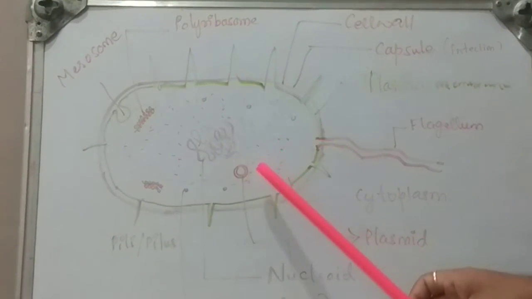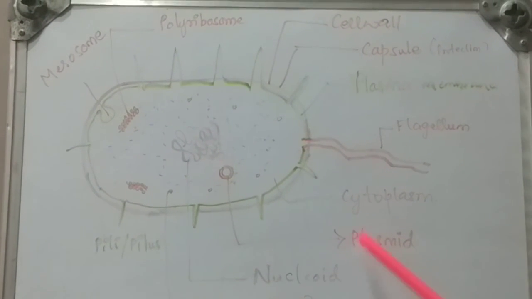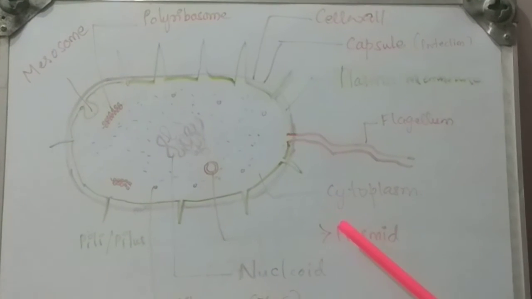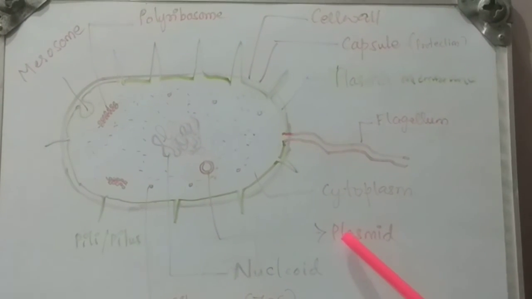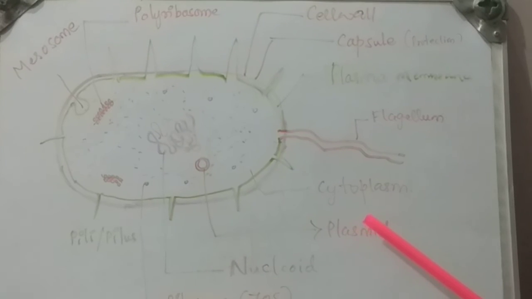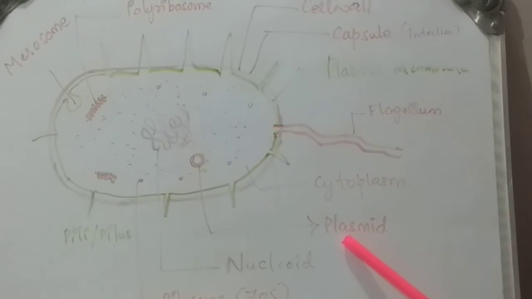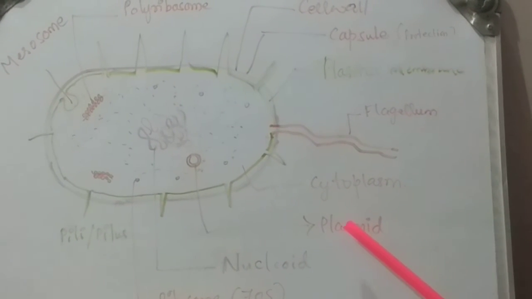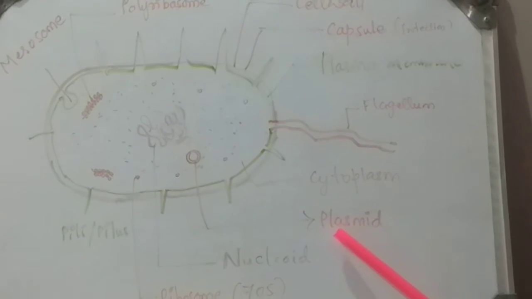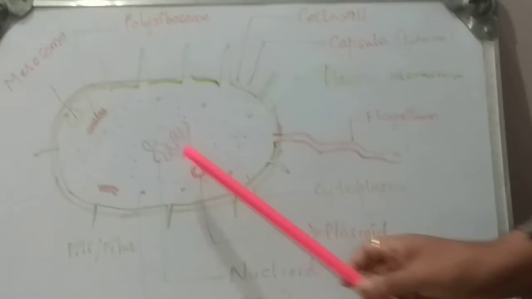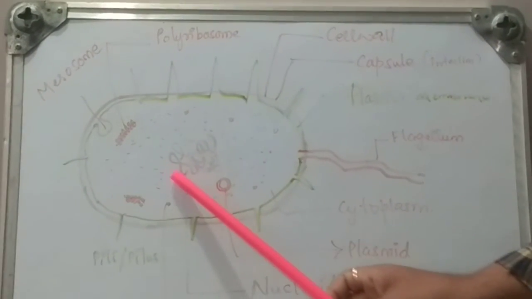It also contains the plasmid. This plasmid is an extrachromosomal double-stranded DNA present in the bacteria, and these carry the R factor and F factor in case of the cloning process. Meanwhile you can see the nucleoid. It is without a nuclear membrane.